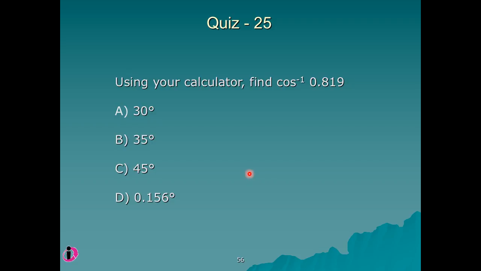B, 35. Okay. Tangent inverse 0.176. 10 degrees, right? Tangent inverse 3.08.